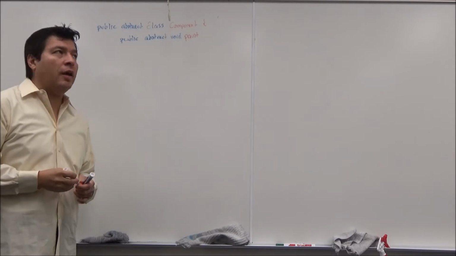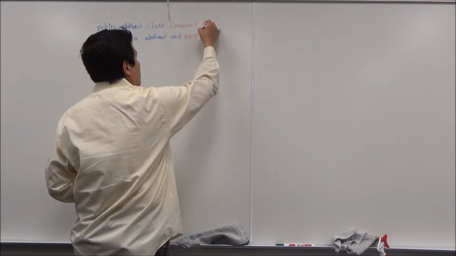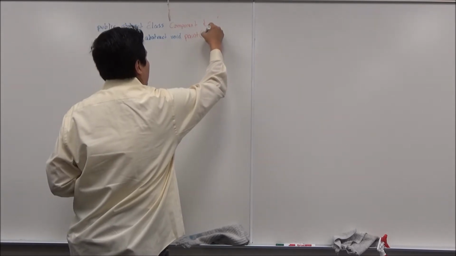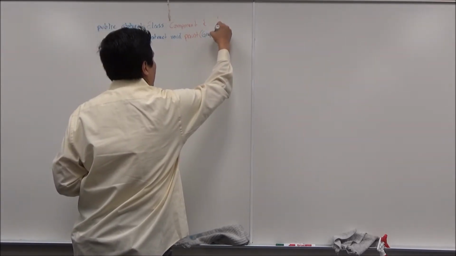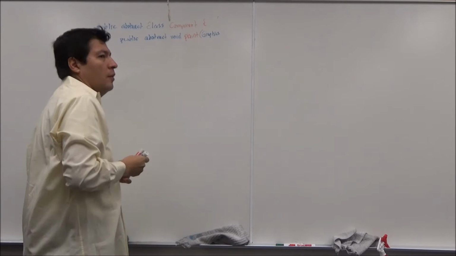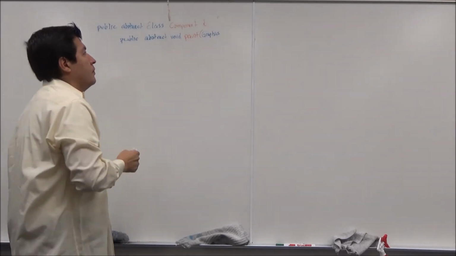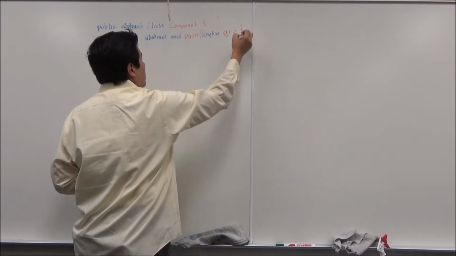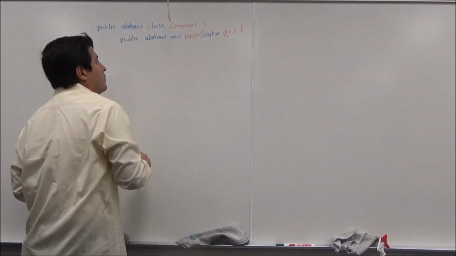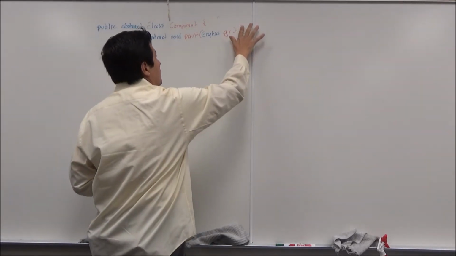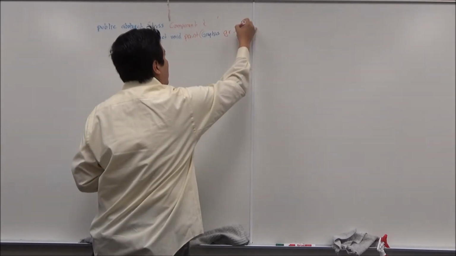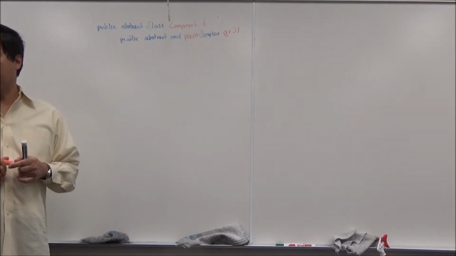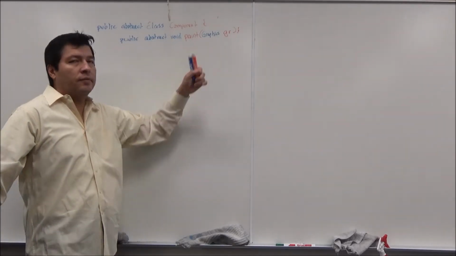And this method paint takes, I'm just gonna put GR for short. Actually, this is abstract. So when I have a method that is abstract, I don't have curly brackets.